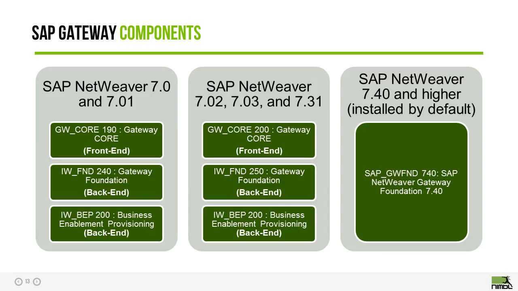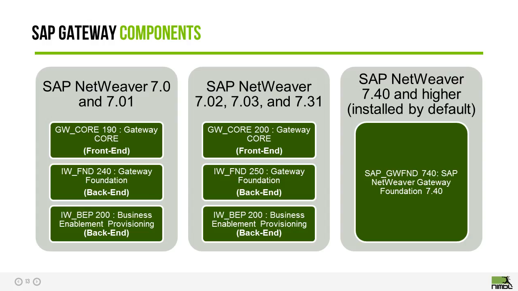So I wanted to take a moment to talk about the different gateway components and how those differ between your different versions of NetWeaver. Starting with NetWeaver 7.0 and 7.01, we have two different components on the back end. Those are the two at the bottom you see there, the Gateway Foundation and the Business Enablement Provisioning.